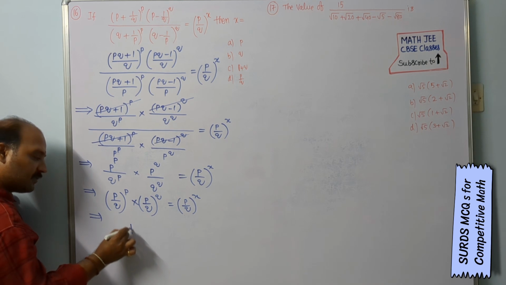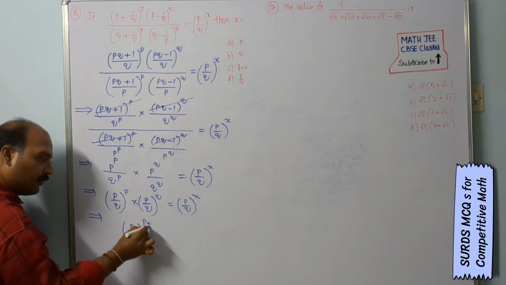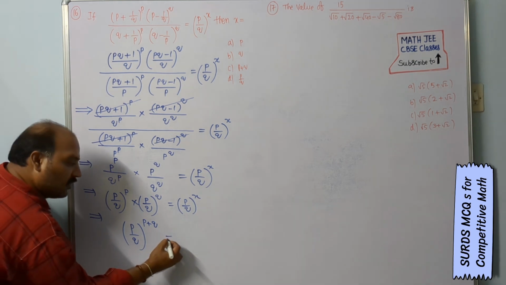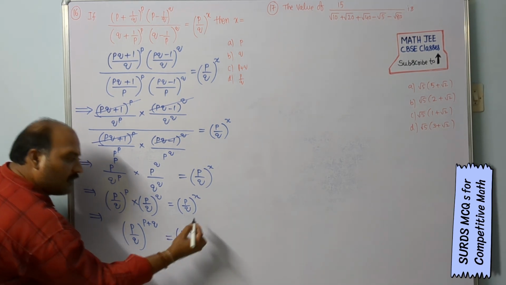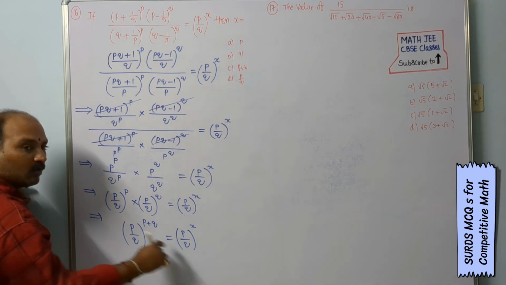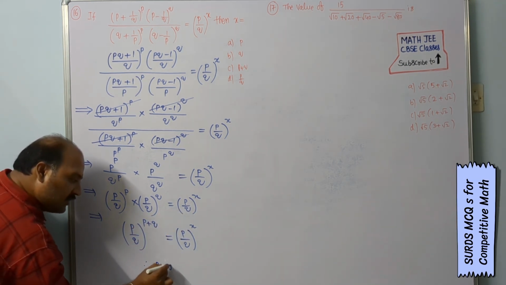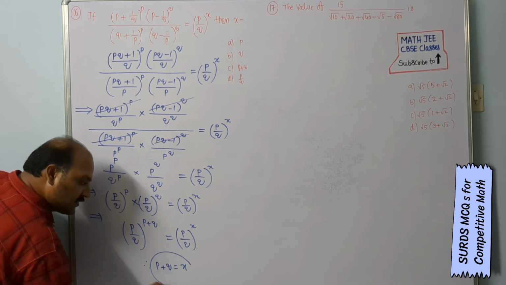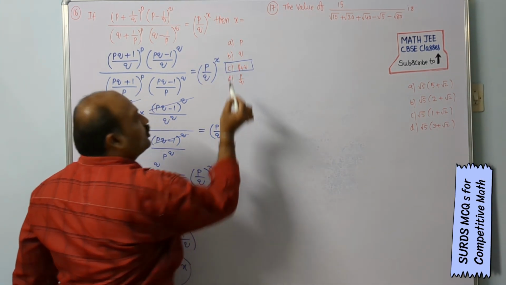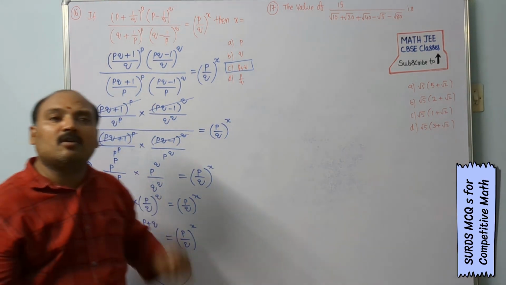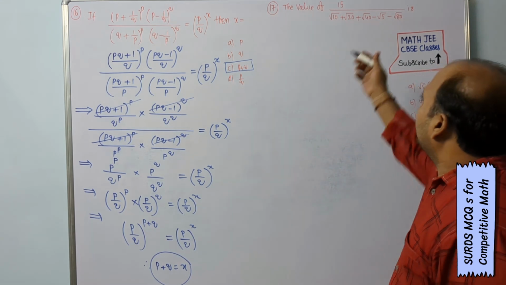That implies (p by q) whole power p plus q is equal to (p by q) whole power x. Bases are equal, powers should be equated. Therefore, p plus q is equal to x. So the value of x is equal to p plus q. It is there in the third option, dear students. I hope everyone understands. We'll move on to another question here.